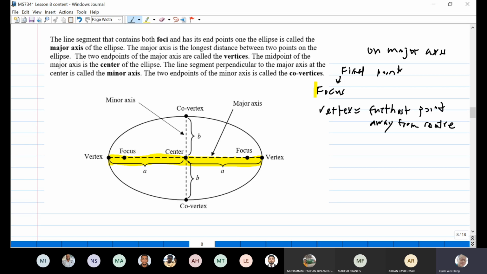And then what else? The major axis is the one I highlighted in yellow.